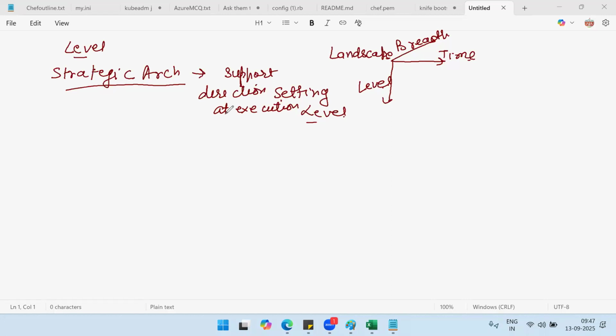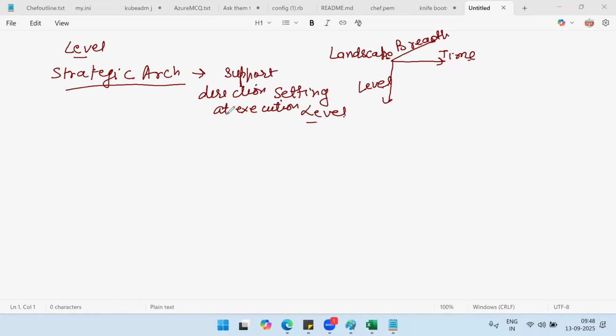We have the strategy, and that strategy is for the entire enterprise. As I mentioned, whenever you are defining the solution, you need to give space for future changes or to accommodate a change.